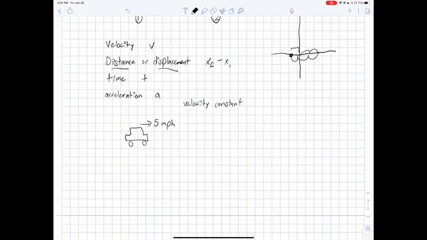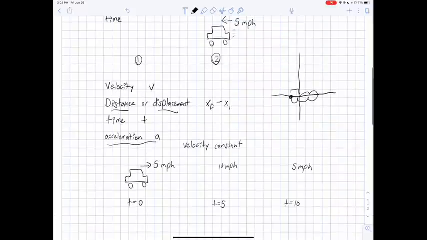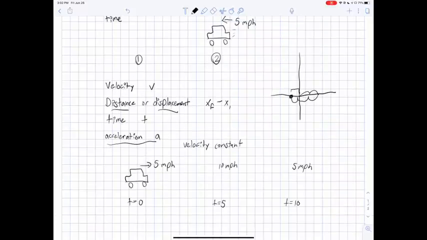But if we introduce an acceleration to the car, maybe when time is equal to 0, our velocity is 5. But then when time is equal to 5, it might be 10 miles per hour. And then let's say at time is equal to 10 seconds, our car has a negative acceleration. It means that it's slowing down. So it might go down to 5 miles per hour again. So it just tells us how the velocity of our car, or of our object, is going to change.